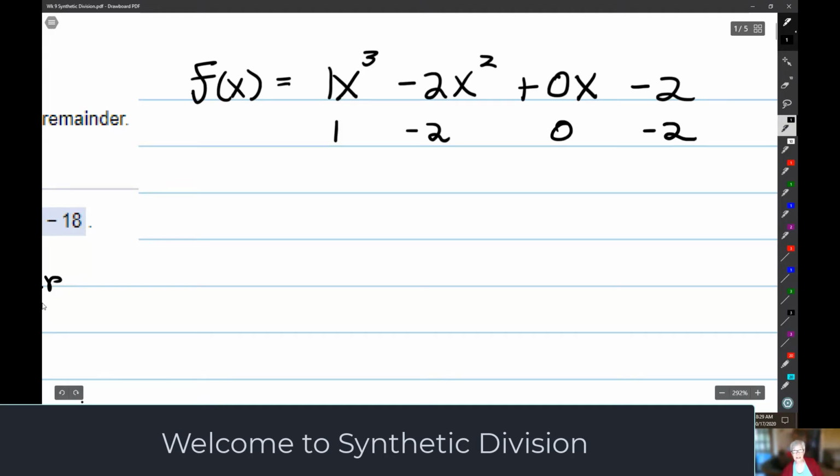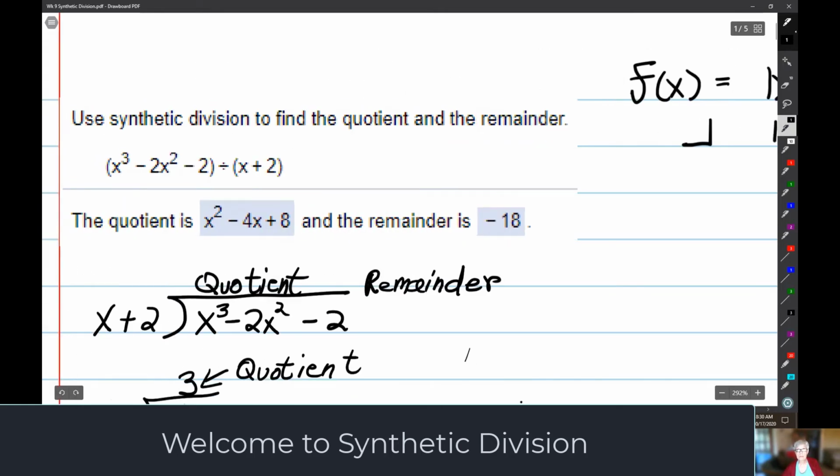Now when you do this, there is a little problem knowing what goes in the backwards L, because the number you're going to put in there is not 2.